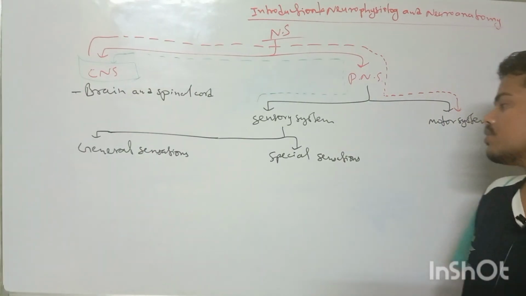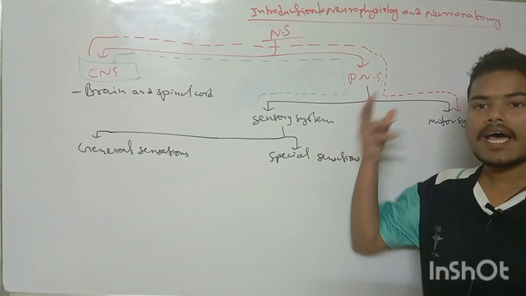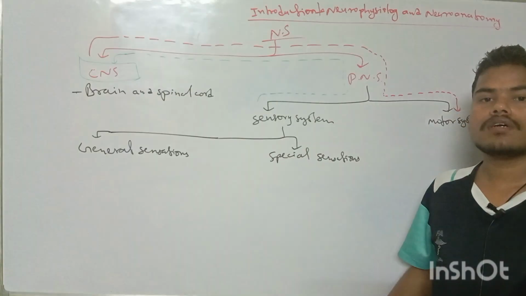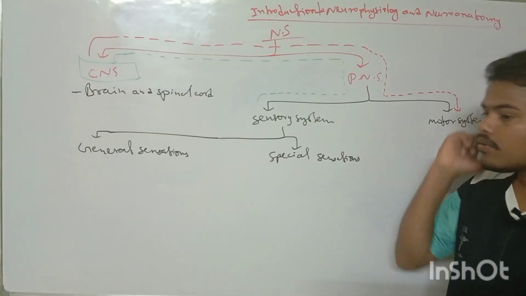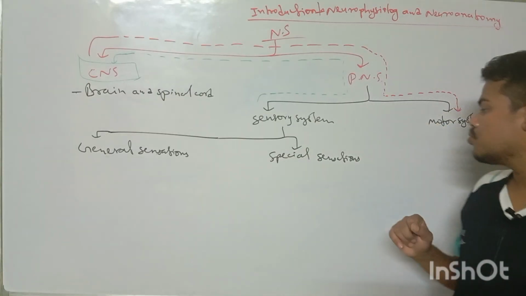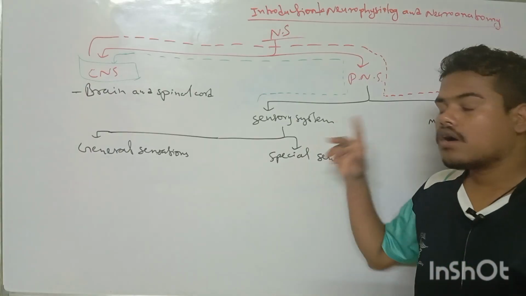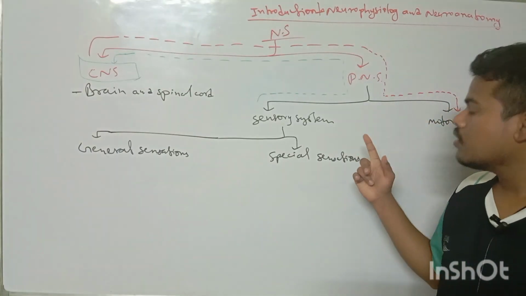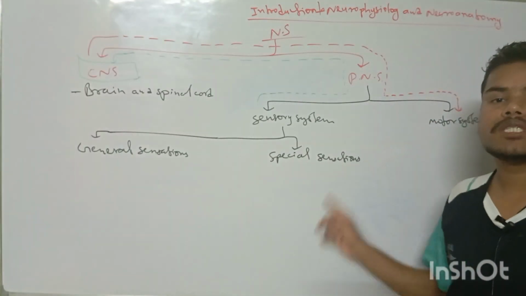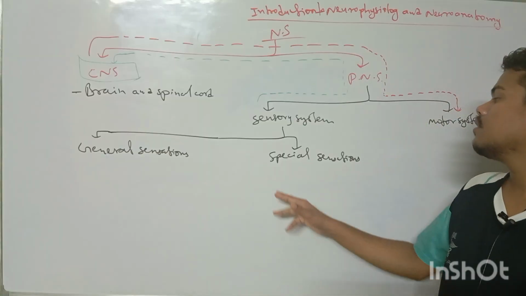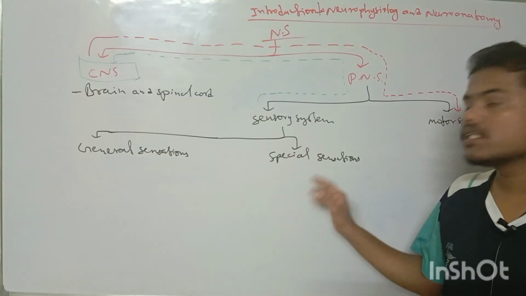Are the rods and cones there in other parts of the body? Are they present? No, they are only in the eye. So both receptor as well as the organ are specific, and that specific sensation is called the special sensation.